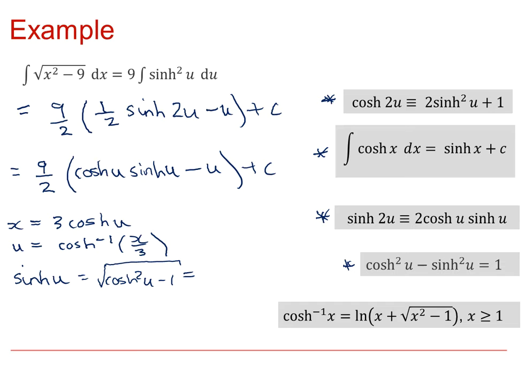Or if we replace that with the x, that would be the square root of x squared over 9 minus 1. And we can, by rearranging and taking out a factor of a third, say that that's a third of the square root of x squared minus 9. So with that additional information, we can move on further.